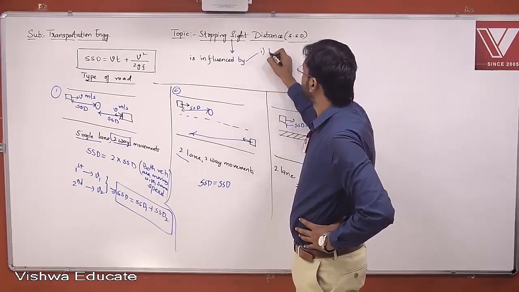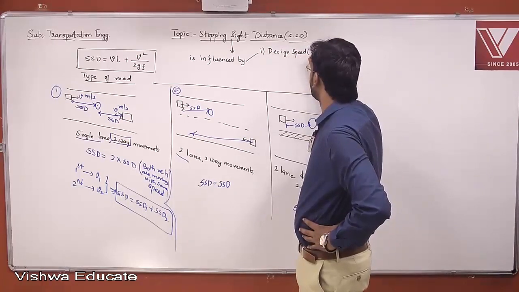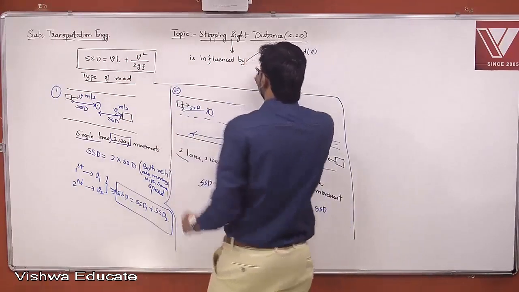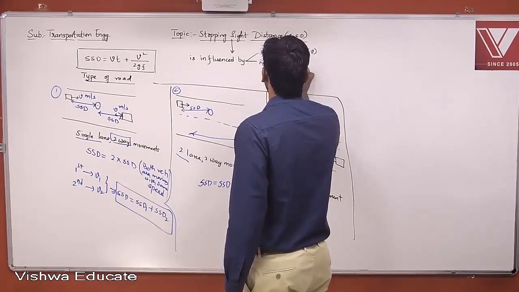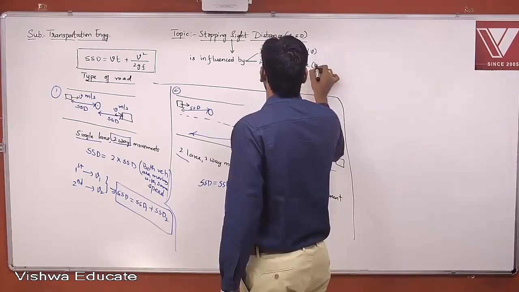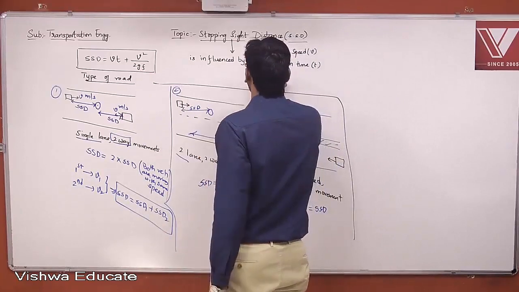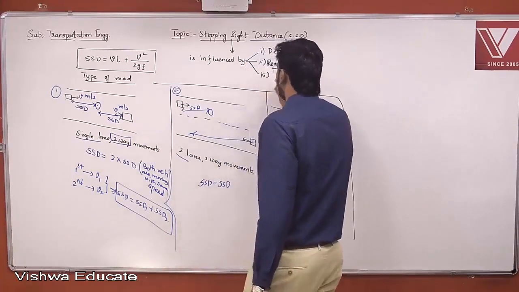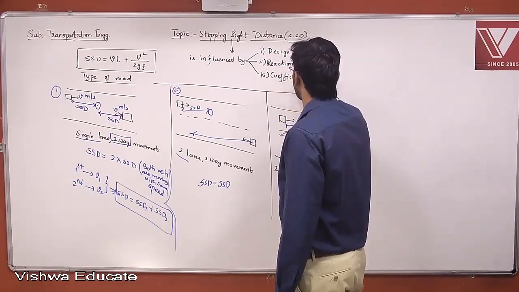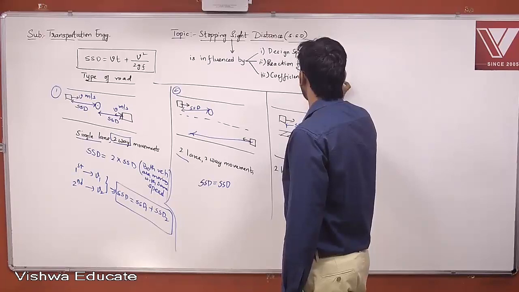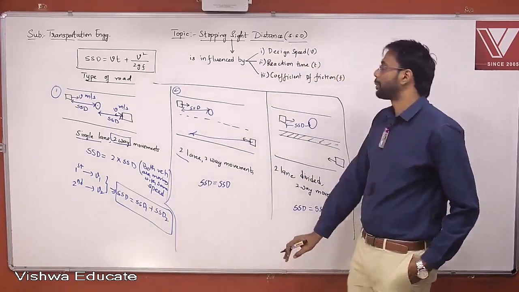Obviously, the first one is design speed, that is V, right or not? Reaction time, that is T. And F, the coefficient of friction, because this g is always constant, 9.81 meter per second square.